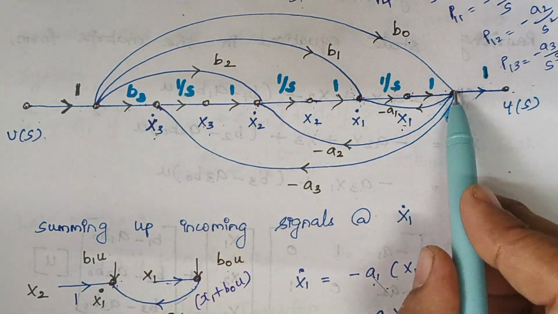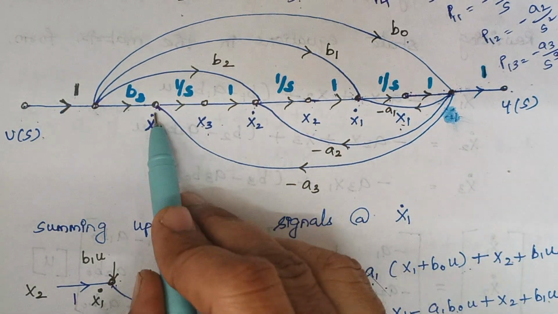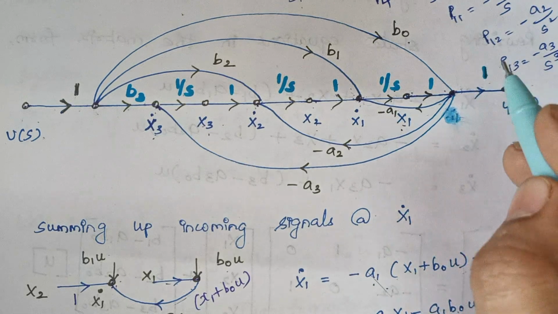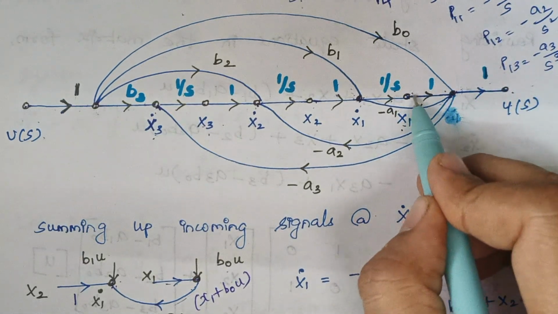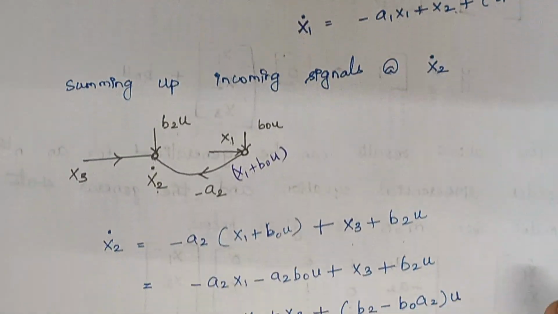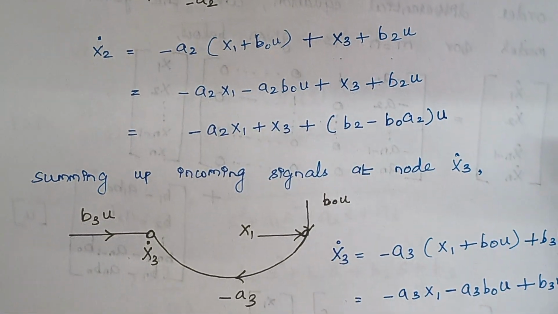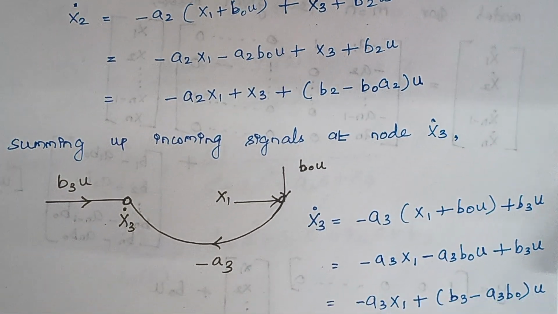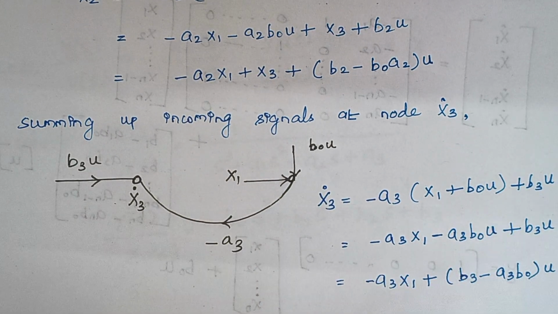And to this x3 dot I am having again minus a3, and to this node again the two inputs are the same, right? Here x1 and here plus b naught into u. So the same thing we are doing with x3 dot. Okay, we are writing expressions and finally we are combining the common terms together. So finally we had framed expressions for x1 dot, x2 dot as well as x3 dot.